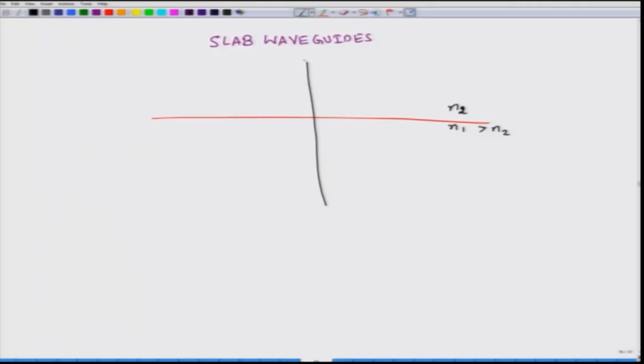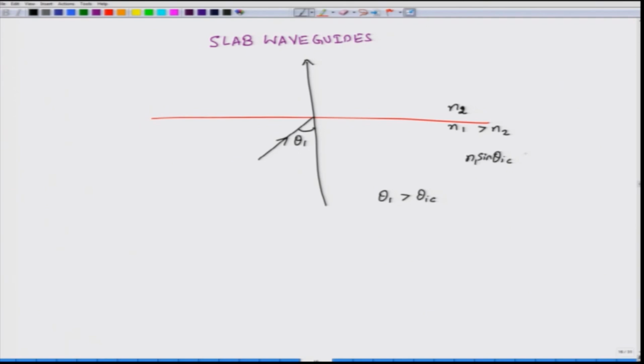I have an interface normal, and then I send in light at a certain angle theta 1. As long as the angle theta 1 is less than the critical angle, there is nothing specific going on, but when angle theta 1 becomes greater than the critical angle of the interface, please remember that the critical angle of the interface is obtained by applying Snell's law.